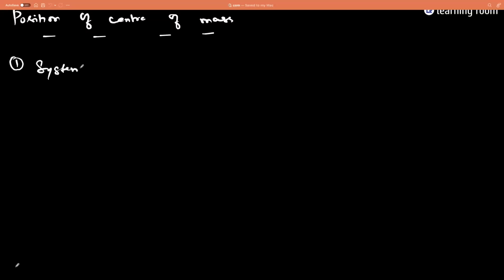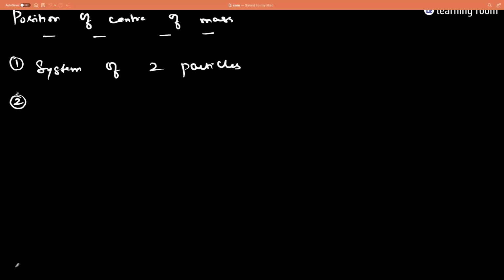Okay. Now listen to this point. Now we are going to define the position of center of mass. When I say the position of center of mass, I can have different kinds of systems of particles in my hand, right? So the position of center of mass is first defined with respect to, let's say, a system of two particles.